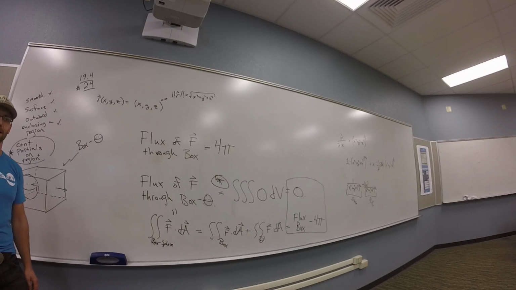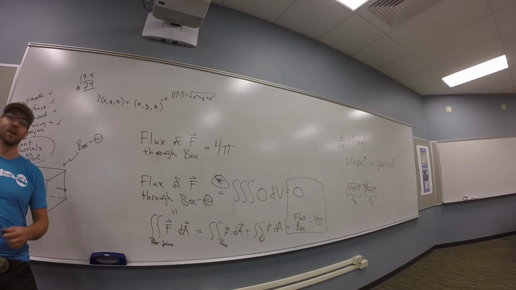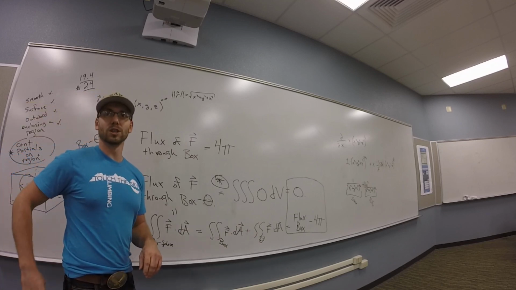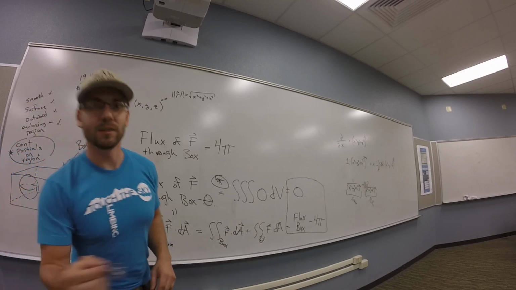And Gauss's law says that over any closed region, the flux of a point electrical source is always 4 pi. Oh yeah, sorry, the potential from a point source. Cool? Questions?